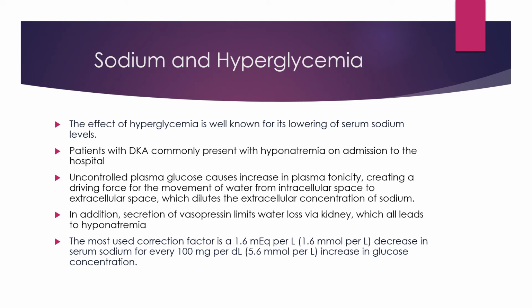It has therapeutic implications since serum sodium increases during treatment, and if serum sodium value is already in the hypernatremic range at the beginning of treatment, or patient develops hypernatremia during the treatment, you need to alter the fluid therapy. You need to alter fluid therapy to more hypotonic fluid, in the same way as you do when blood glucose level falls below 200 milligram percent during therapy by adding dextrose.